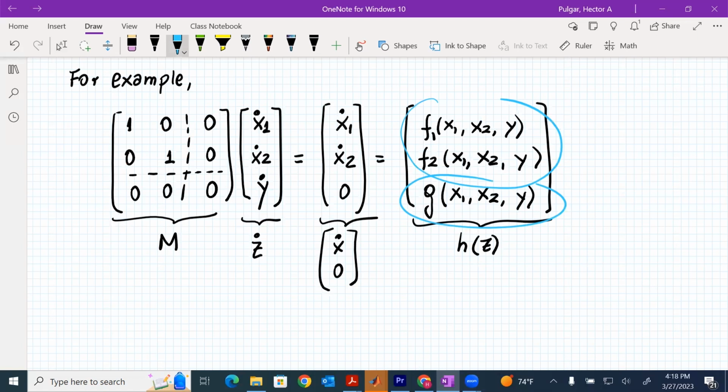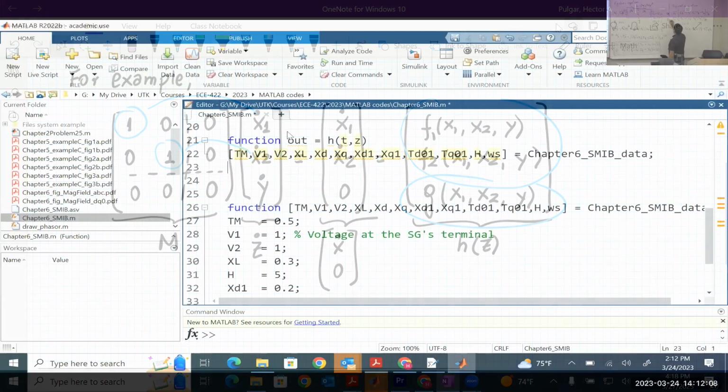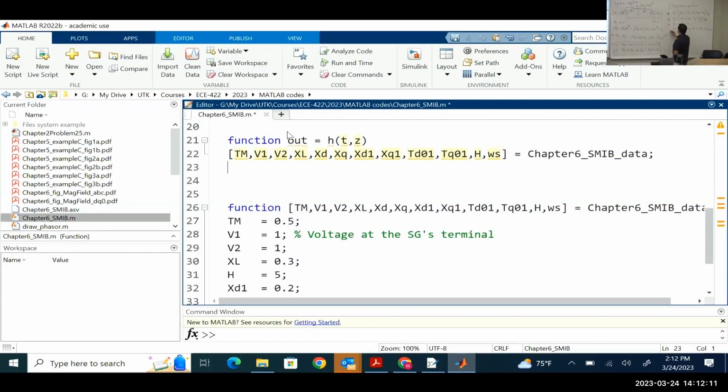And as you can see here in the mass matrix, all the terms are 0, except for these 2 diagonal terms that are going to be related to the state variable x1 and a state variable x2. This is related to ED prime. This is related to delta. This is related to omega.